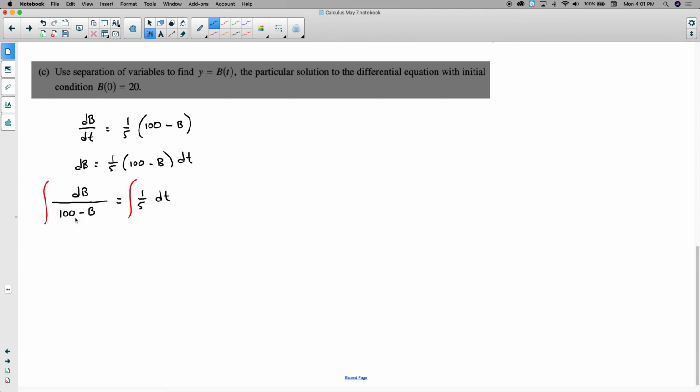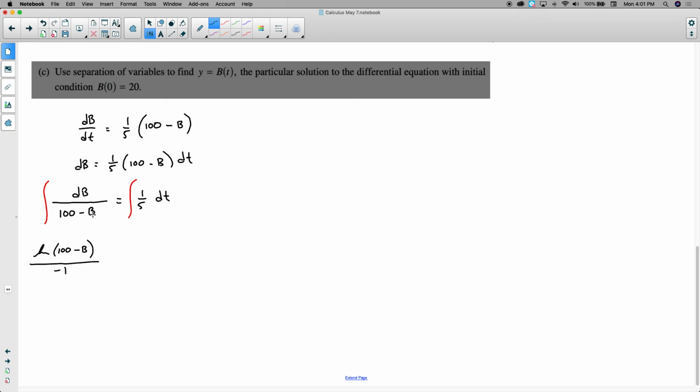Okay, so if you think about this as a function, the integral of 1 over f of b is the natural log of that function. But then we need to divide by, because this is linear, otherwise it would be really hard, that guy's derivative, which is -1.